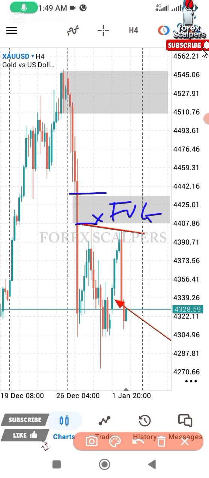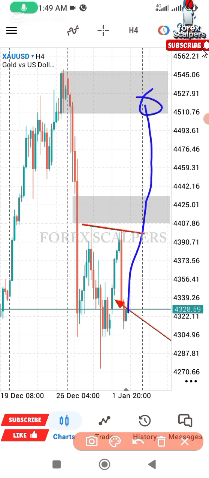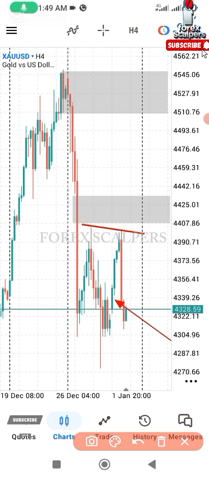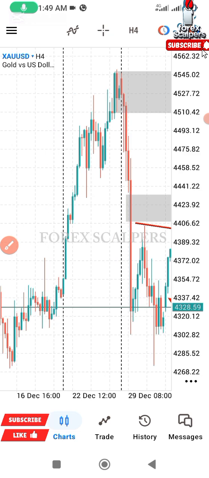If this sell trade will continue, there is a tendency of price pulling back here, filling this imbalance, then probably continuing to the downside because there is a liquidity here. Or price will fill this imbalance to the upside and mitigate this order block to continue its former trend. So here is our point of interest based on this particular time frame.